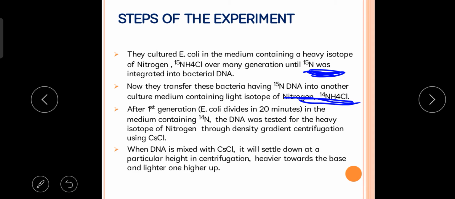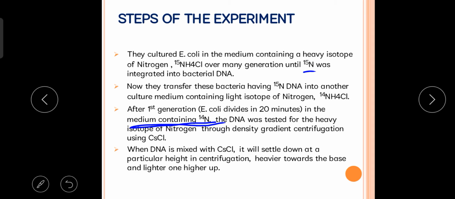Okay, so after first generation, that means after first cell division, when the E. coli bacterial cell divides, then along with the cell, the DNA also divides. So after first generation in the medium containing 14N, the DNA replication occurs in the 14N medium.